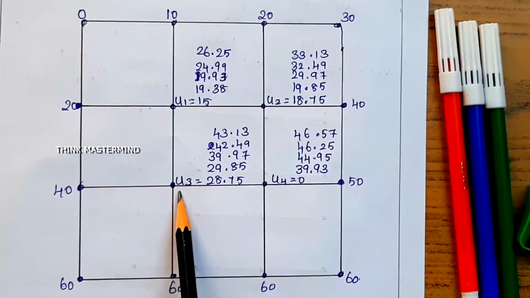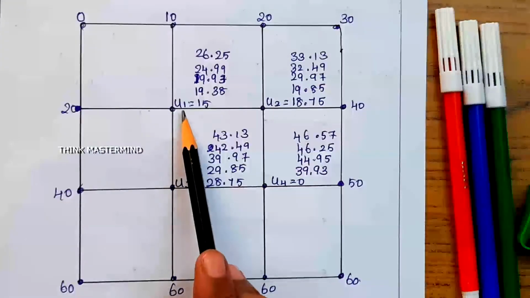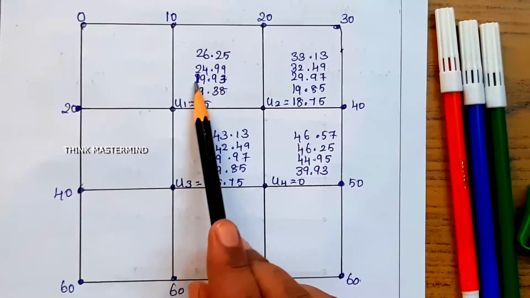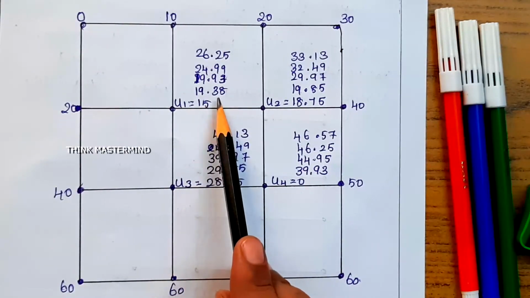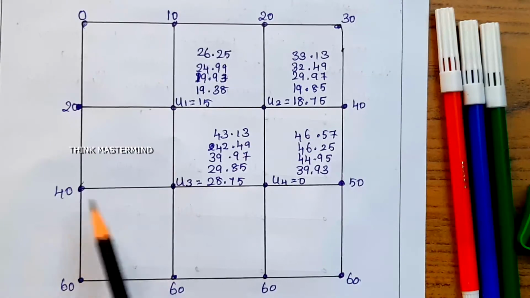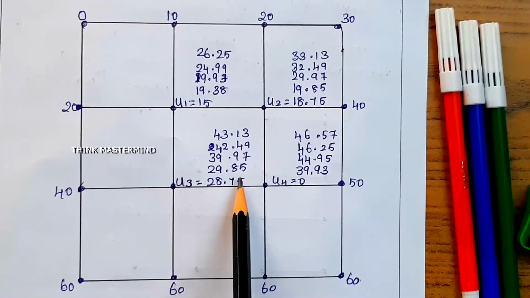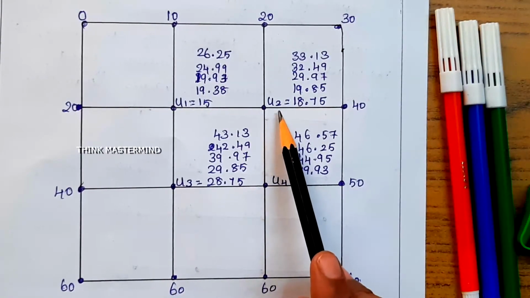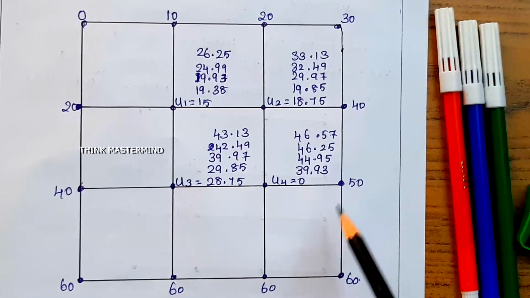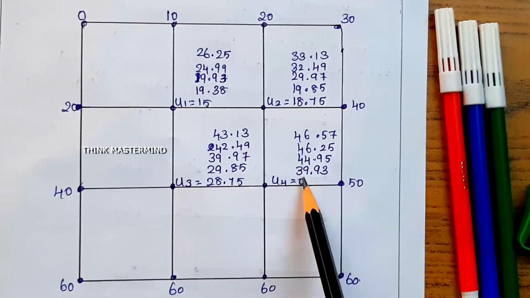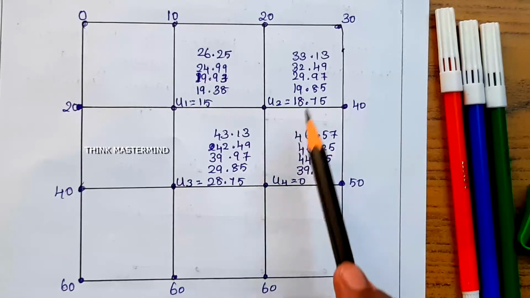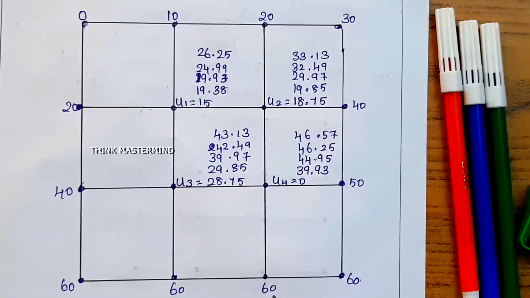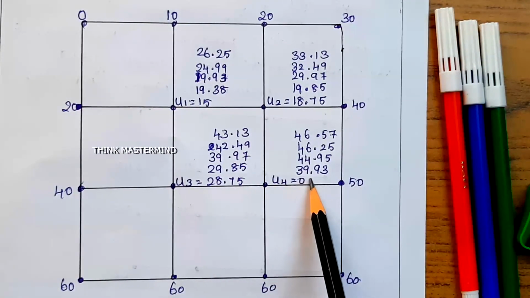To find the new value of u3: u1 is 19.38, plus 0, plus 60, plus 40, so u3 is equal to 29.85. Now u4, using the latest values of u2 and u3, that is 19.85 + 29.85 + 60 + 50, so u4 is equal to 39.93.